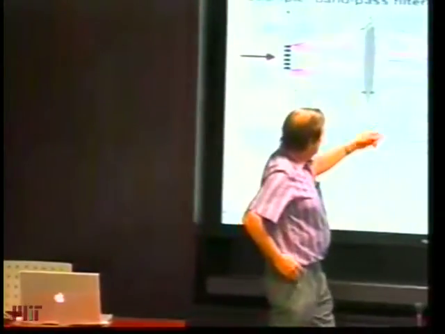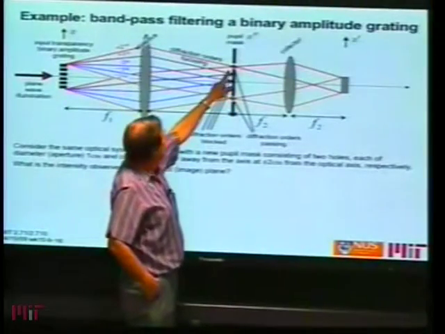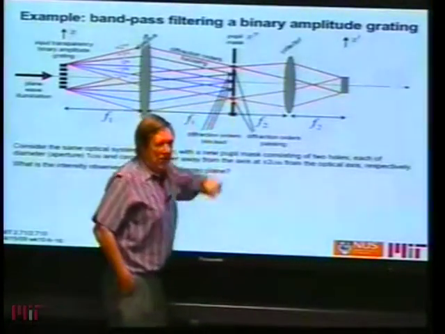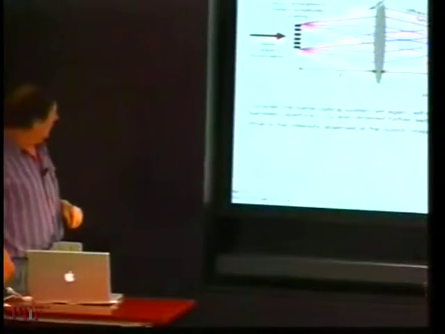We know where that is. We don't have to worry about working out what 0.3479 degrees is. We know that the first order was at 1 centimetre, so the second order is where the aperture is. So the second order is going to get through, the plus 2 and the minus 2.